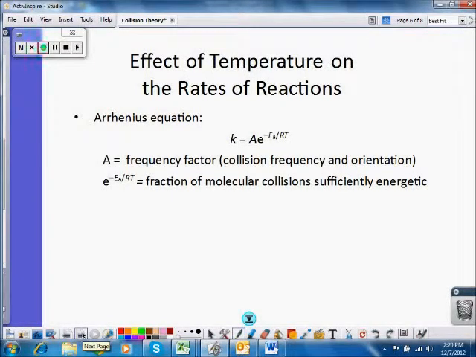So the Arrhenius equation looks like this, where k is the rate constant, A is the frequency factor, e is the natural base, lowercase e. E sub A is activation energy.